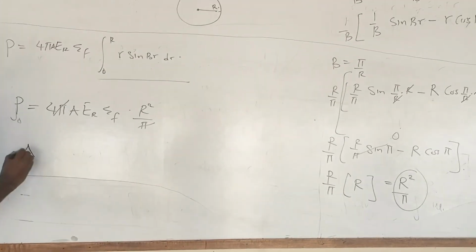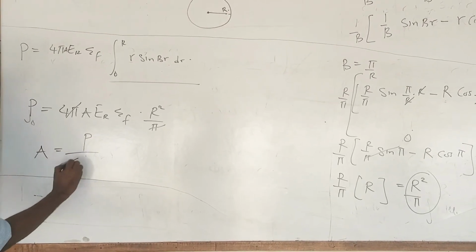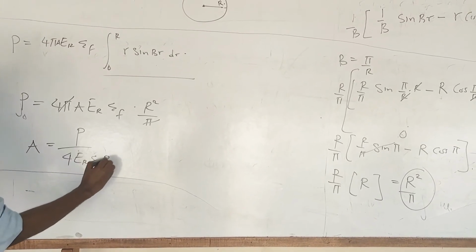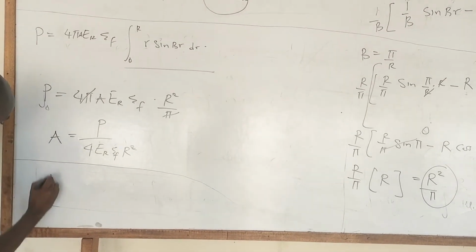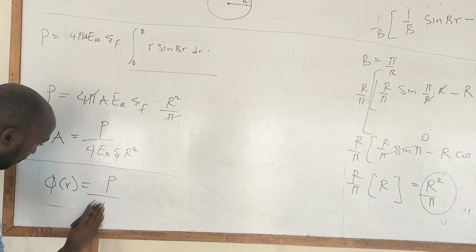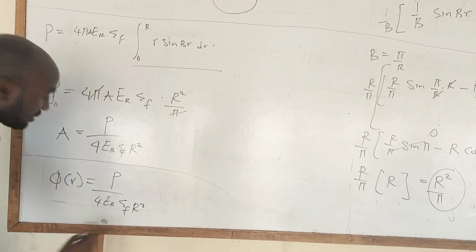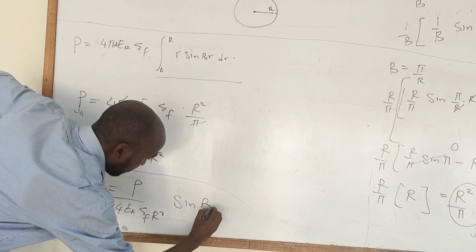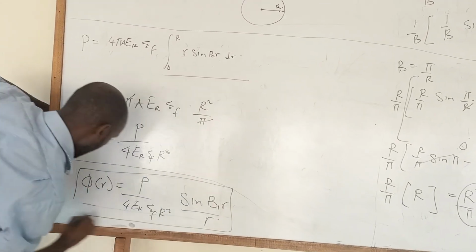So A will just be P over 4 ER EF R squared. So my flux will now be P over 4 ER EF R squared, sine pi r over R over r. Thank you.